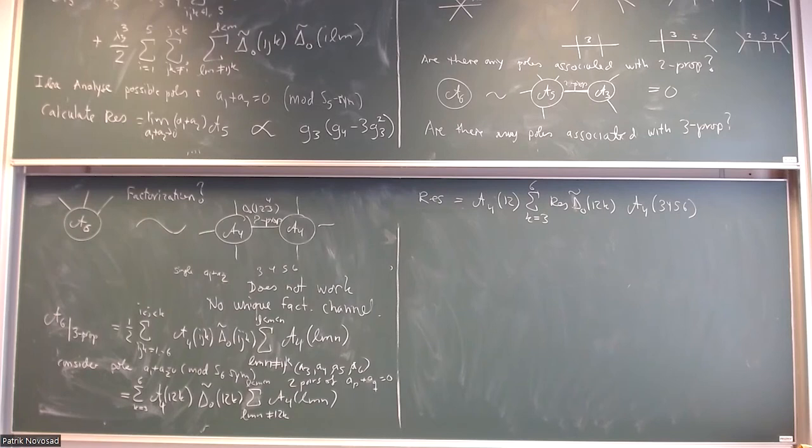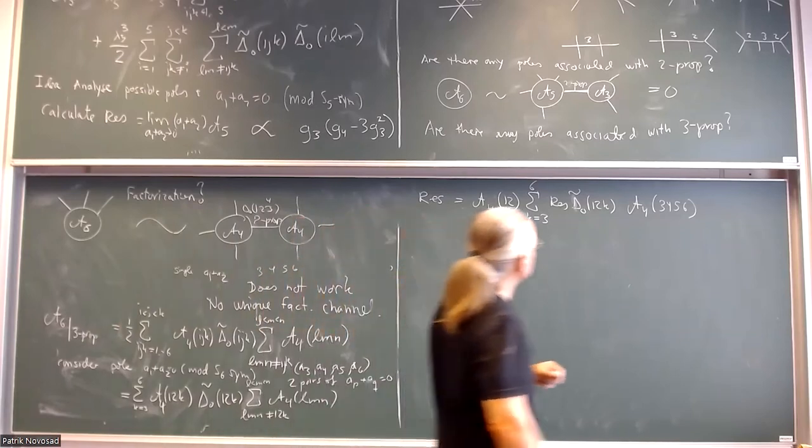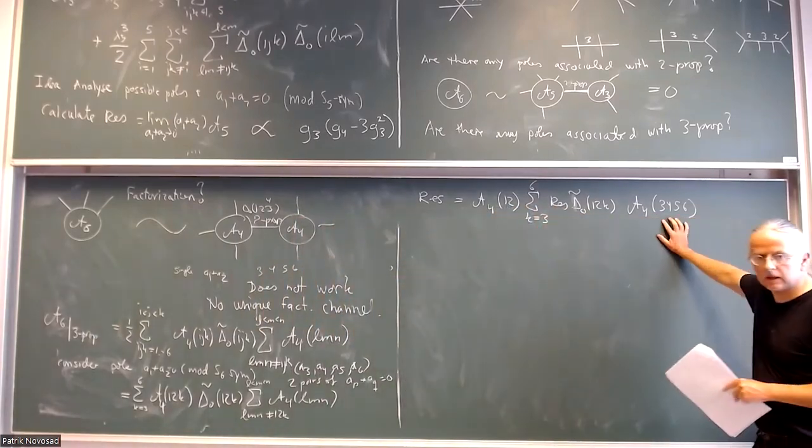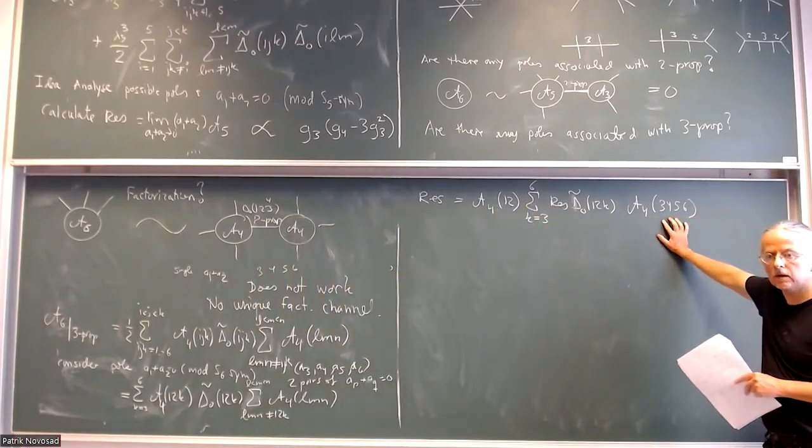That doesn't sound right. You didn't show yet what k is. K is from 3 to 6. Yeah, I know, but you can write 3, 4, 5, 6. Yes, because it doesn't depend on K. Yeah.